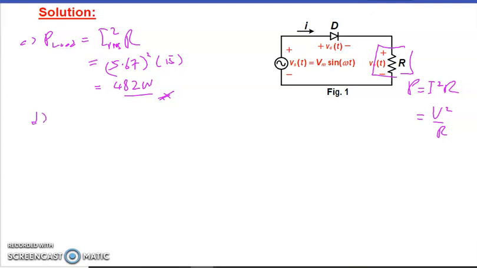Then D, you need to calculate the apparent power supplied by the source. Which is your power S, apparent power. So S is equal to V in times I in. Here the V is in RMS as well, and I also in RMS. So 5.67 times V RMS, 120 volt.